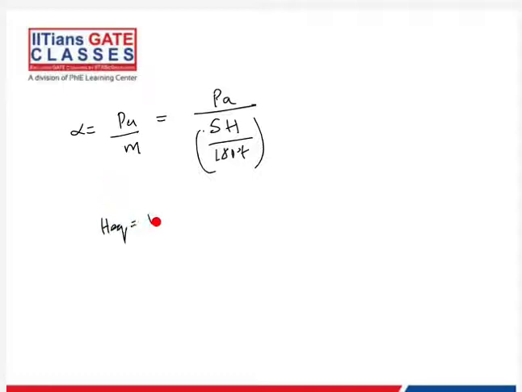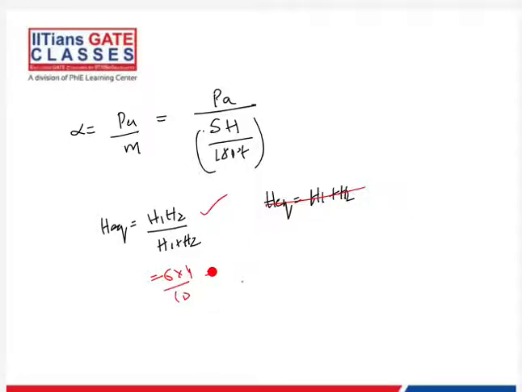It is H1 H2 divided by H1 plus H2. If the question said they were identical, HEQ would have been H1 plus H2. But since they are not identical, they won't swing together, so we use this formula. Substituting H1 and H2, you get 6 into 4 divided by 10, which is 2.4.